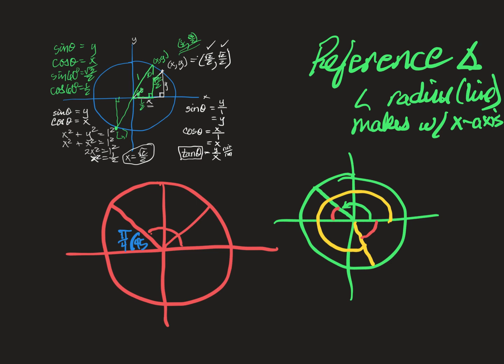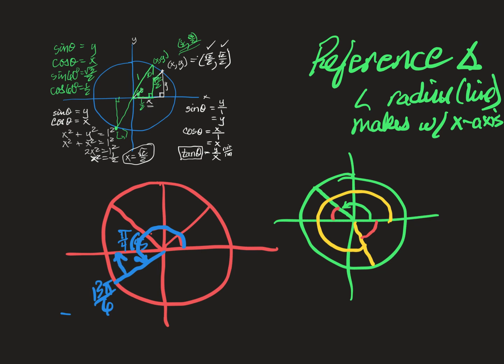If I had, remember we did, 13 pi over 6, okay? So 13 pi over 6 is right here. All right, that's 13 pi over 6. What's the reference angle? Well, it's the angle it makes with the x-axis.